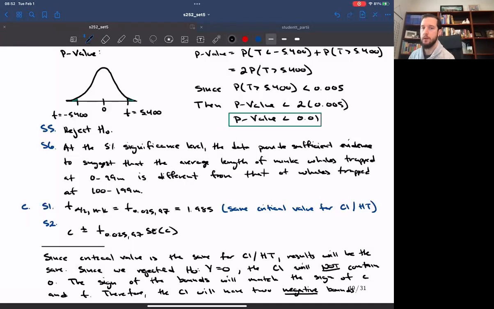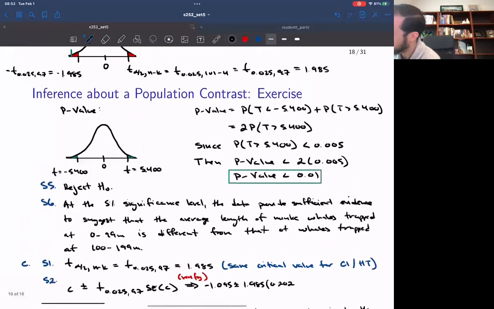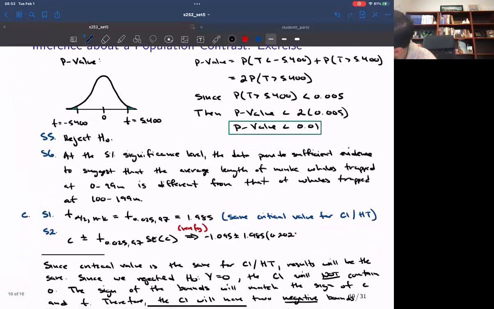Okay. And you can actually verify that by constructing the interval. Right? So if we take our values from the interval, we have negative 1.095 plus or minus 1.985 times 0.2027964. Right?